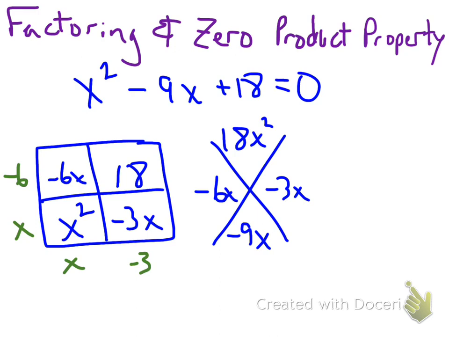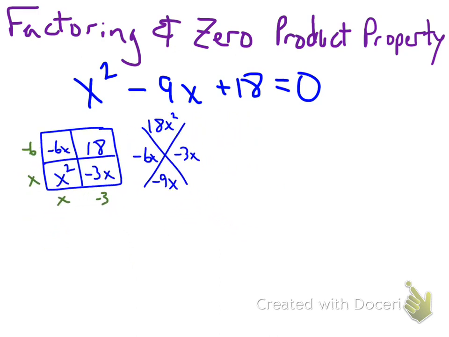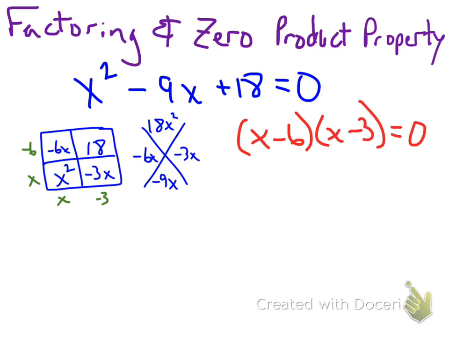So again, now rewriting this problem so I can use zero product property gives me x minus 6 times x minus 3 equals 0. So using my zero product property, either x minus 6 equals 0 or x minus 3 equals 0.